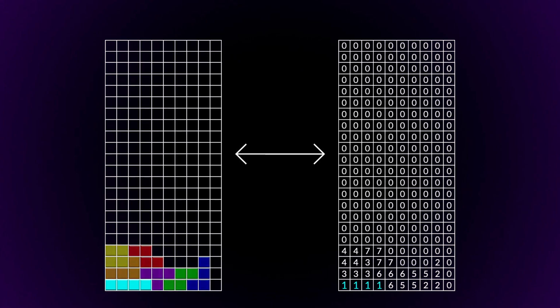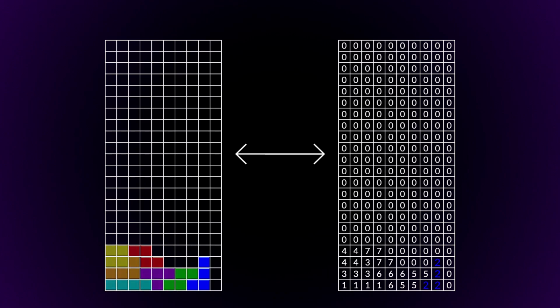We will represent the GameGrid using a 2-dimensional integer array. Let's say that this is the current state of the game. In this case, the 2-dimensional array will look like this. Empty cells are represented with the value 0. A cyan tile is represented with the value 1.